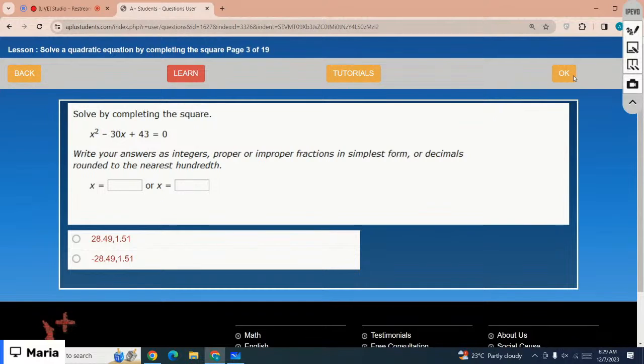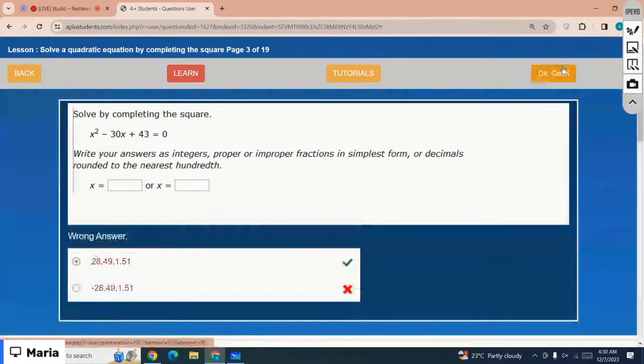That is negative 28.4 and 1.5, and option number 2 is the correct option. Oh, that is option number 1, right? Okay, you can complete the lesson by yourself later today. Let me just move on to the next lesson.